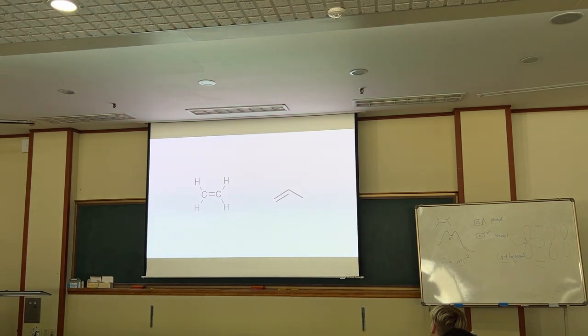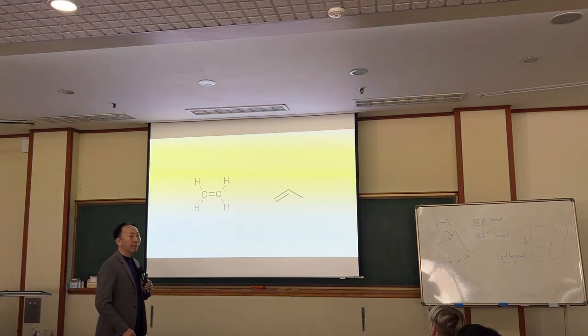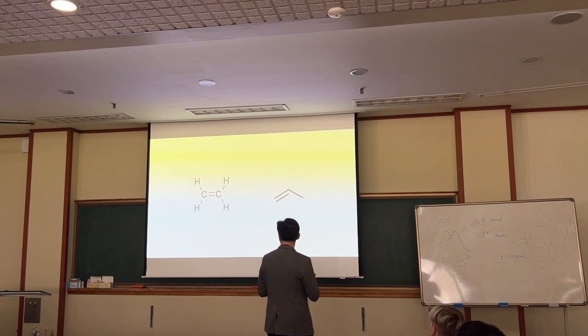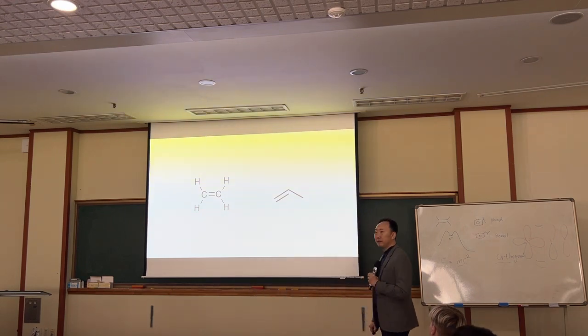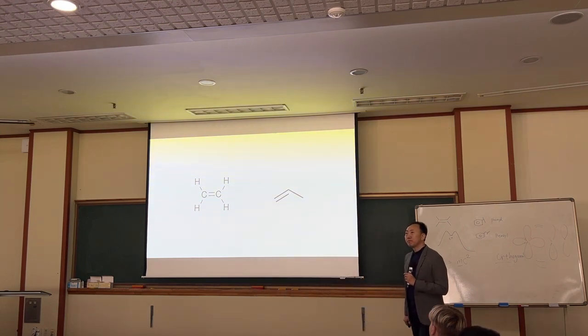And for the explanation, this is CH2, and it has one more CH3 here. Why is this molecule more stable than this? Any good idea? This molecule has an isolated pi bond. Say again?